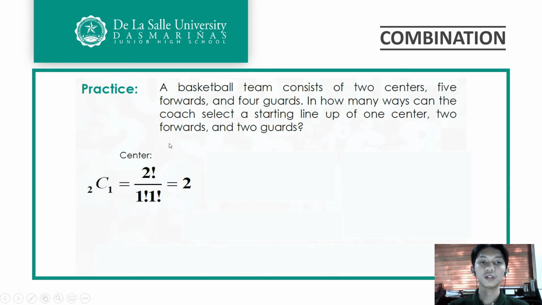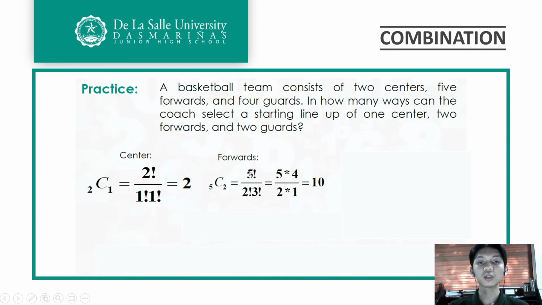First, for the center position, you have 2 options, but you must choose one. So you'll have 2 factorial over 1 factorial times 1 factorial, which is equal to 2. For the forward position, you have 5 choices, but you must choose 2.